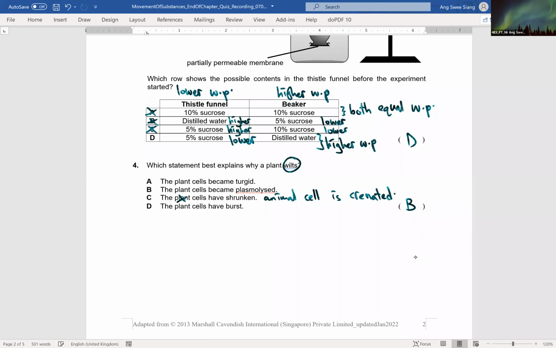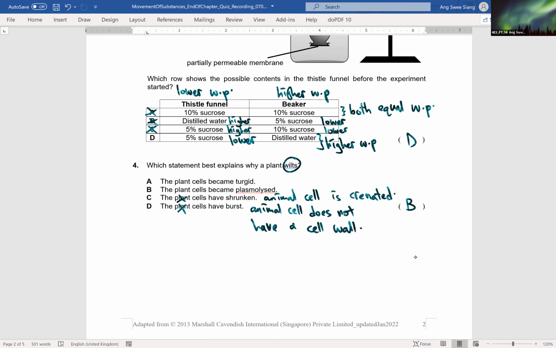Then when we say burst, usually again we are describing an animal cell, because our animal cell does not have a cell wall. So when too much water enters the animal cell by osmosis, eventually the cell membrane will not be able to hold the contents of the cell anymore, and it will burst.